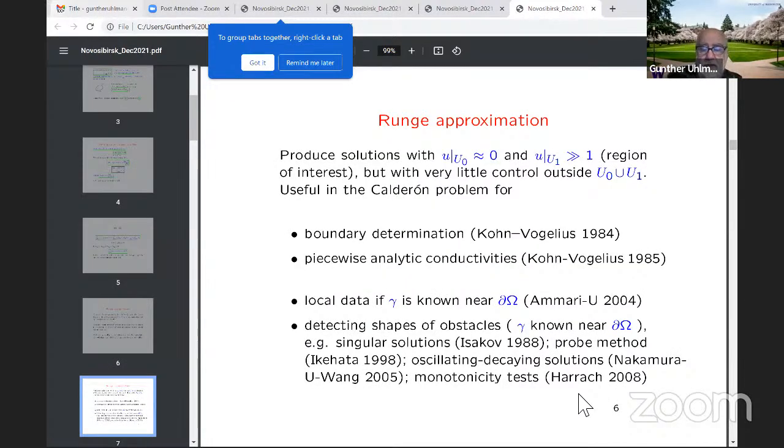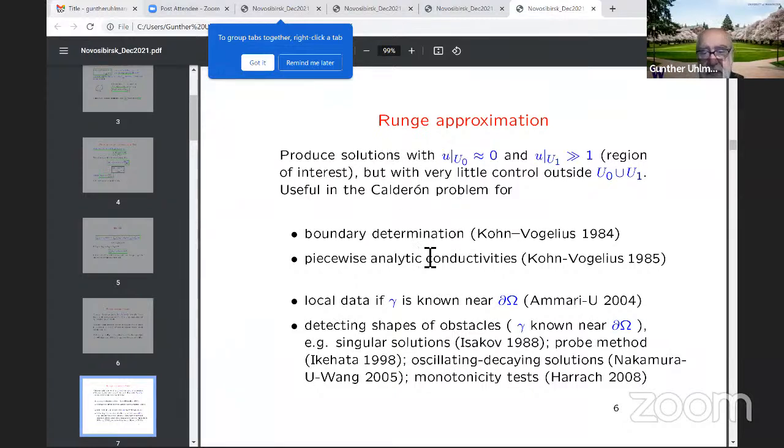And so the Runge approximation produces solutions which can be, in an open set, 0, and in another one, very large in the region of interest, but you have very little control outside this union set. And in the Calderón problem, this type of Runge approximation has been used for boundary determination.